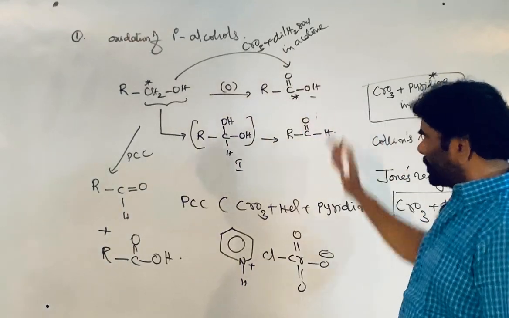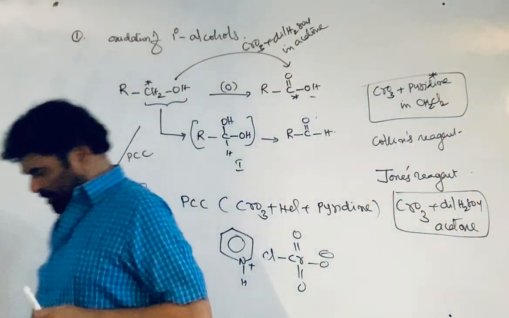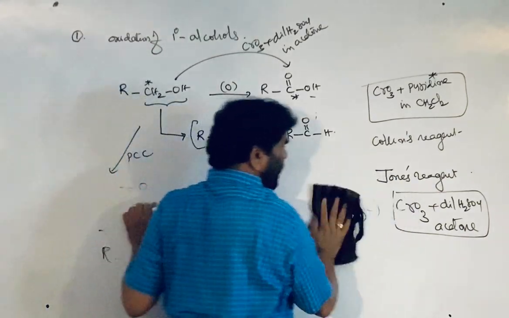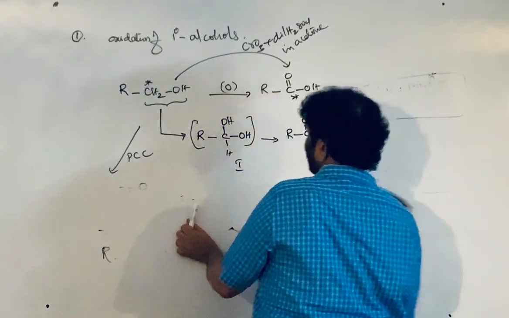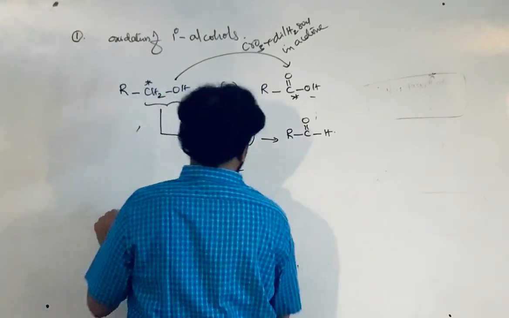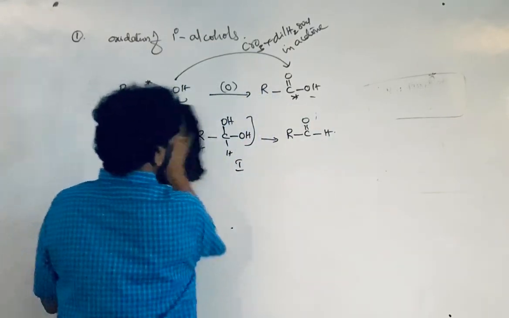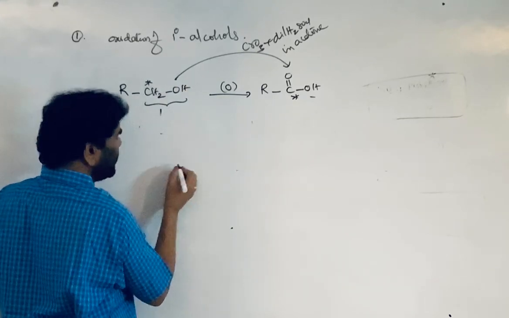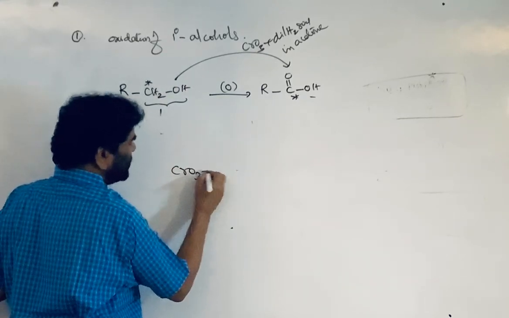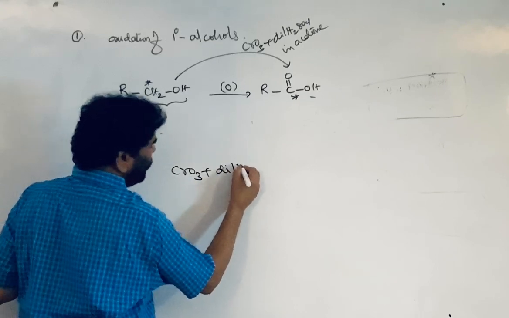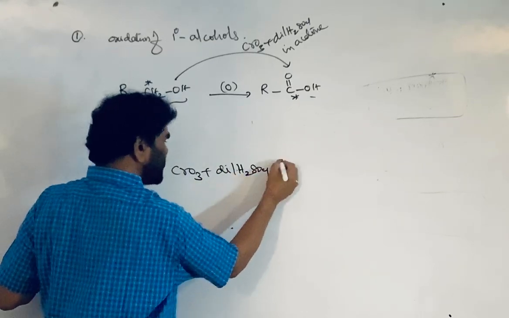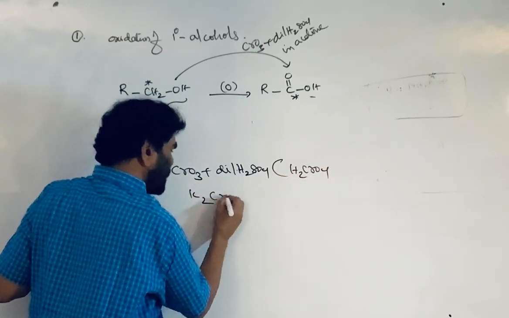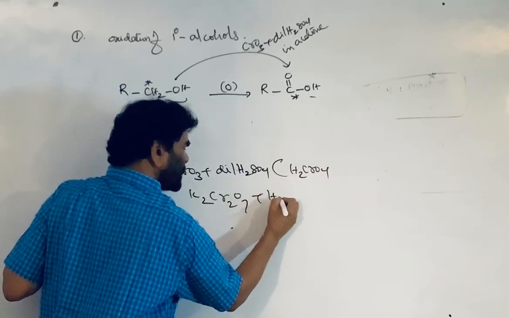There are several other reagents to directly convert primary alcohols into carboxylic acids. See, what are those reagents? That is Jones reagent, CrO3 plus dilute H2SO4. This is nothing but chromic acid, H2CrO4, or K2Cr2O7 plus H2SO4.